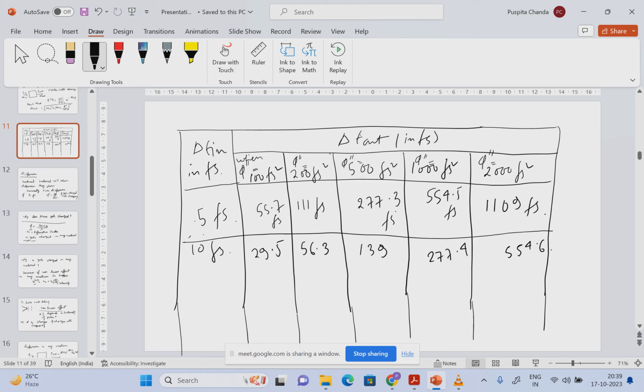The 5 femtosecond pulse becomes 1109, which is almost 100 times. And for 10 femtoseconds, when phi double dash is 2000 femtosecond square, it becomes 550 femtoseconds, which is 55 times.